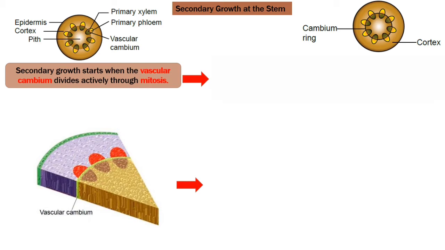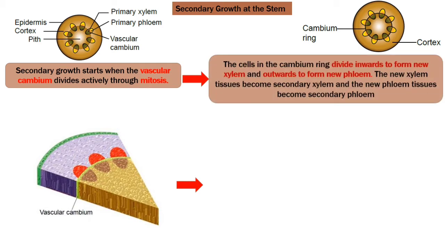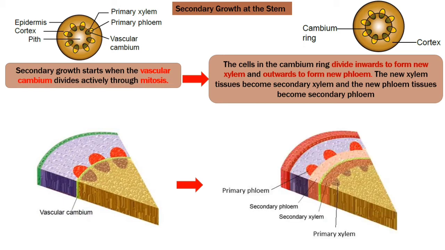Okay, after that, the cells in the cambium ring divide inwards to form new xylem and divide outwards to form new phloem. The new xylem tissue becomes secondary xylem and new phloem tissue becomes secondary phloem. So, after the mitosis of vascular cambium, the phloem has secondary phloem, xylem has the secondary xylem.